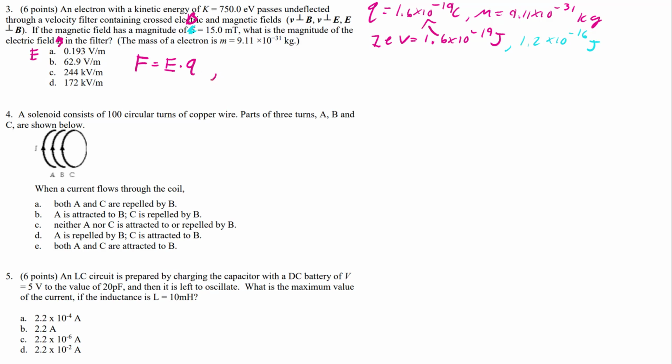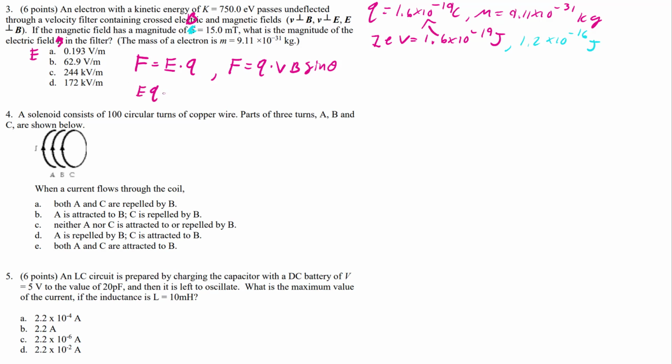And in chapter 21, I think, you learned that the force is equal to the charge multiplied by the velocity times the B field times sine of theta. Notice that we have a force and a force, and therefore we can set this equal to that. So let's set them equal to each other.